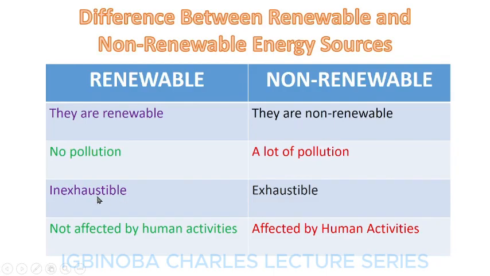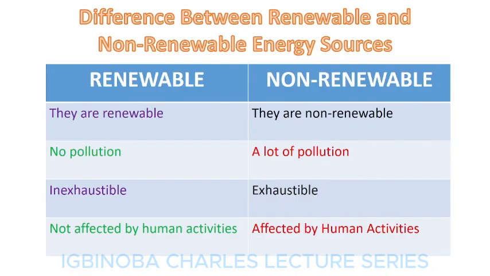Renewable energy is inexhaustible. It can never be exhausted. As you are using it, it is always available for you to use. For example, you will not say, let me go to the river to fetch water because I'm not sure of having water tomorrow. No matter how much water you fetch from the river, you can never exhaust it. Why not non-renewable energy? It is exhaustible. Take for example your kerosene.